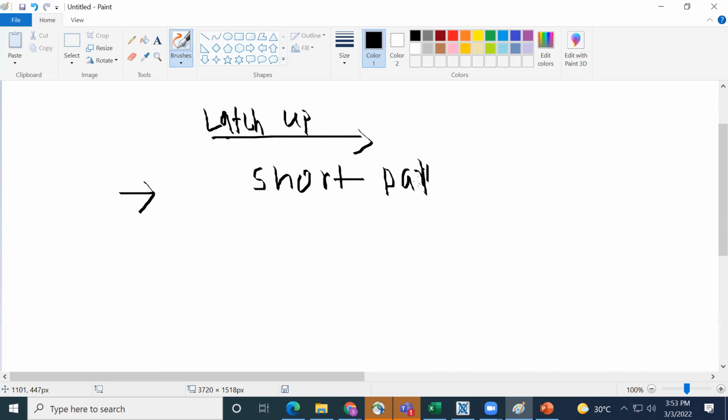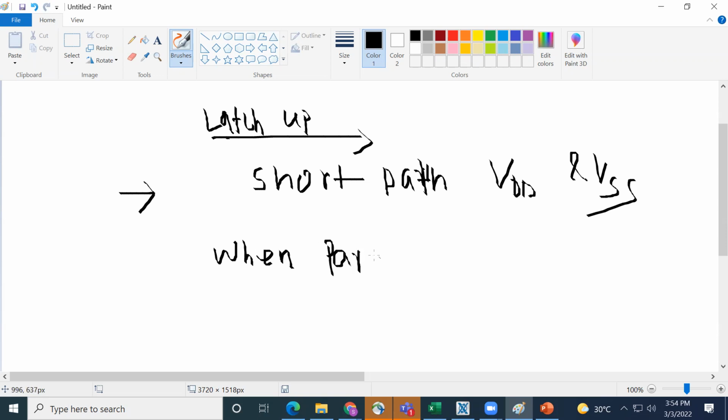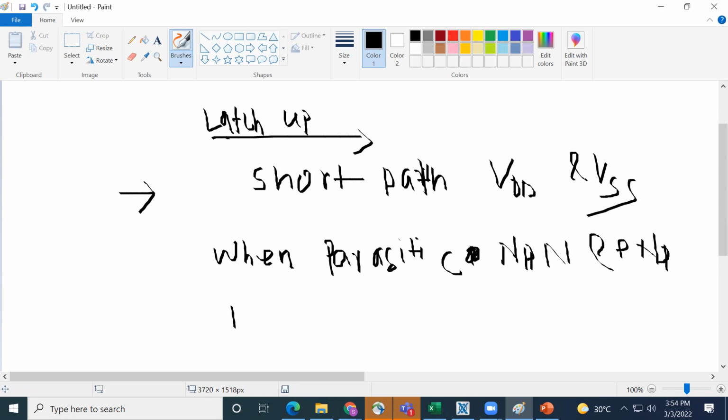A short circuit path will be created between VDD and VSS when a parasitic BJT is formed. Parasitic BJT means NPN and PNP BJTs will be formed.